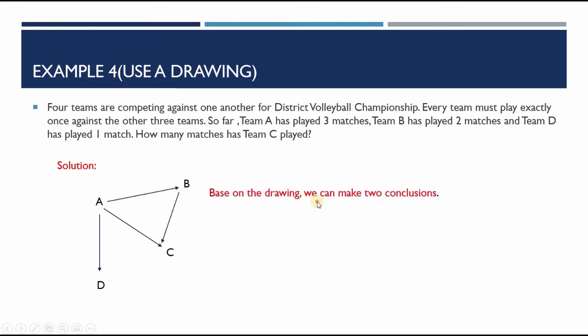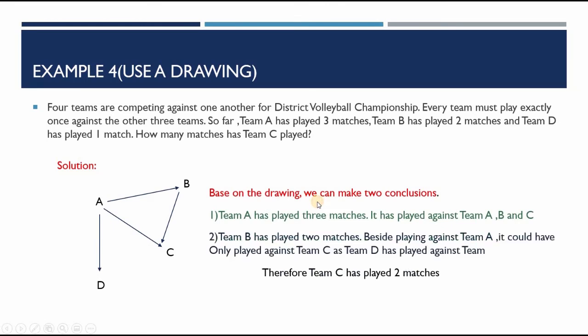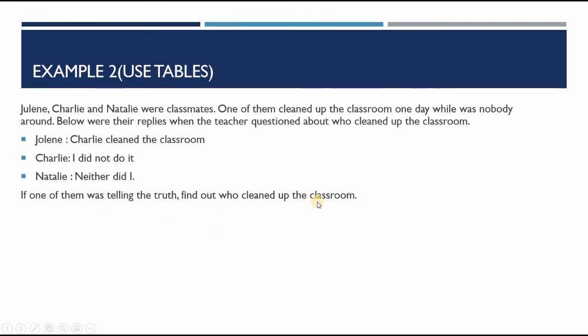Let's look at another example. Julian, Charlie, and Natalie were classmates. One of them cleaned up the classroom one day while nobody was around. Below were the replies when the teacher questioned who cleaned up the classroom. Julian: Charlie cleaned the classroom. Charlie: I did not do it.